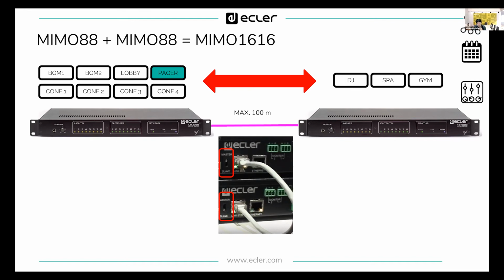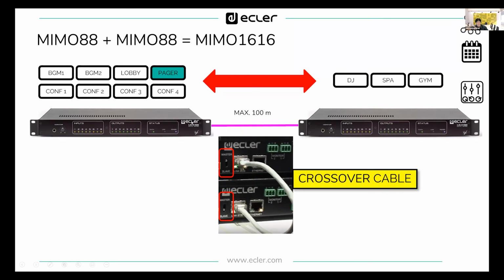It's just a cross cable, which is a special cable to connect between two matrices like MIMO88. One would be set as a master with the switch, and the other one will be set as a slave.